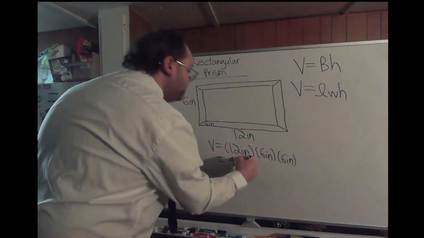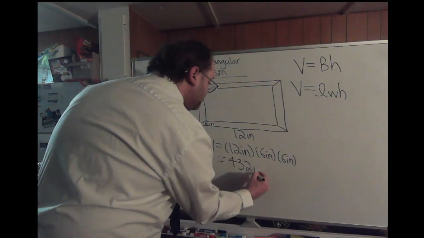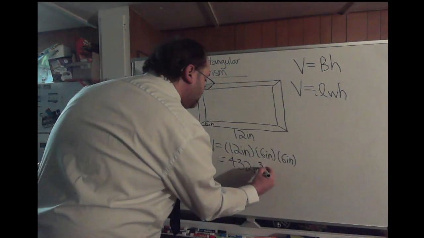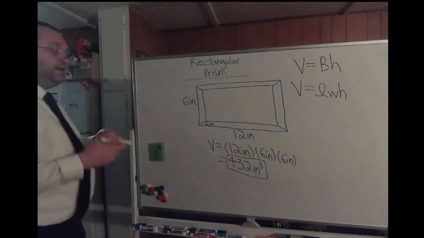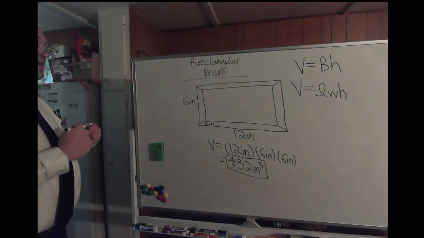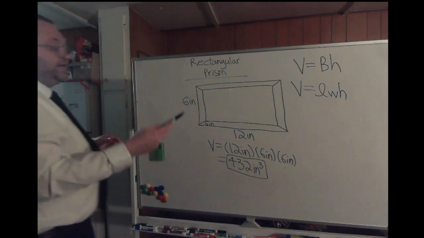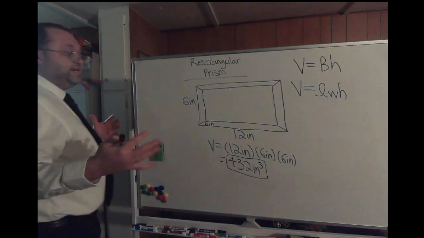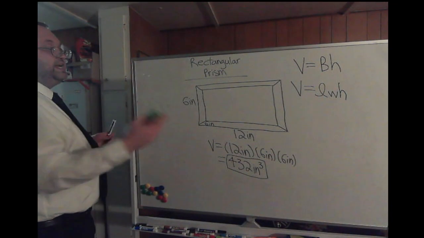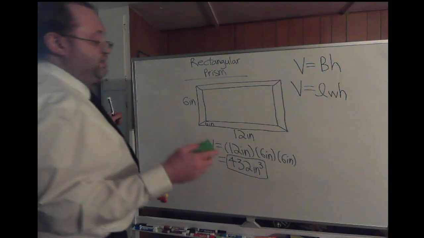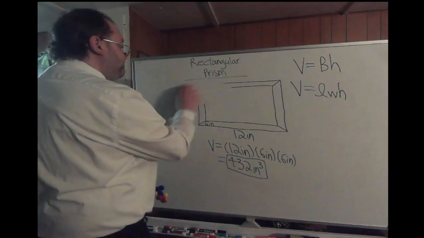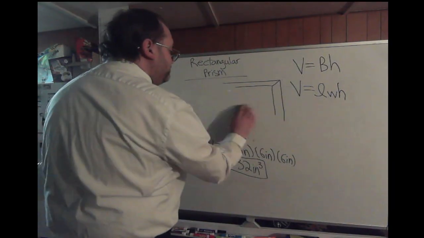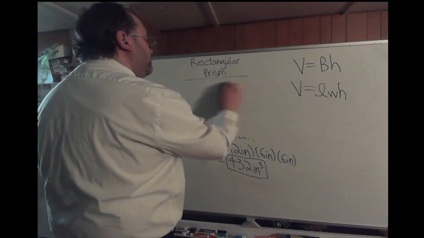Then you have inches times inches times inches. That'd be to the third power. So the volume of this box is 432 cubic inches. A lot of boxes are rectangular prisms, so it'd just be length times width times height to find the volume of the box. Alright. So I think rectangular prisms are pretty straightforward here.